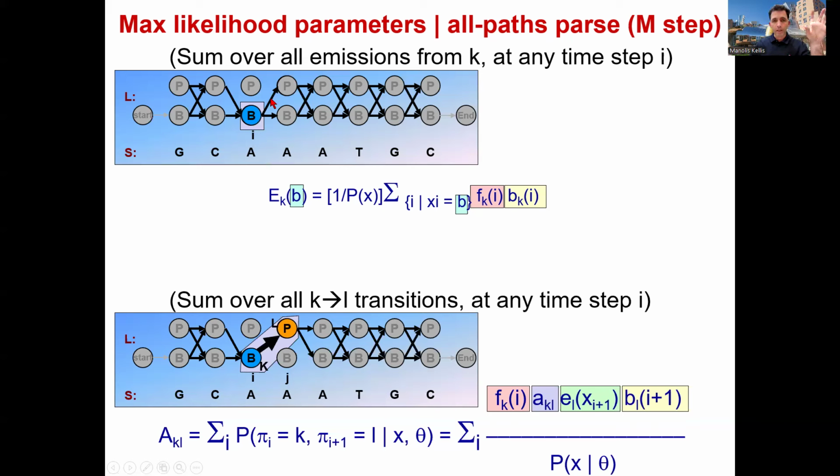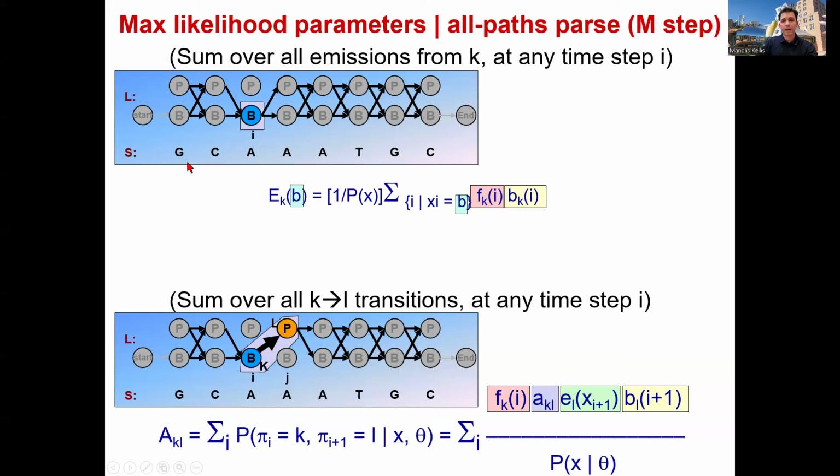But now to do that, what I'm going to have to do is basically say, if I want to count every possible way in which I could emit the A from a background state here, then I'm going to have to sum over all the possible paths, down to ending up at B, and then emitting the character that I have observed.